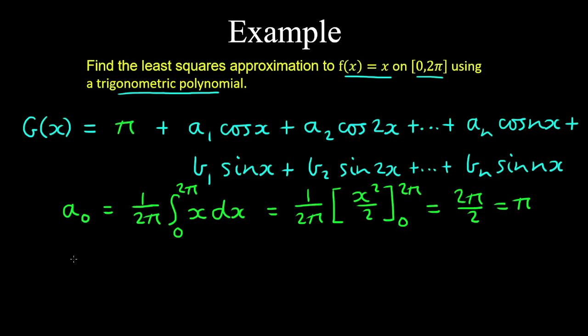And the Fourier coefficients from a1 to an can be obtained using the following integral, which is 1 on pi by the integral from 0 to 2 pi of f of x by cosine nx integrated over x.